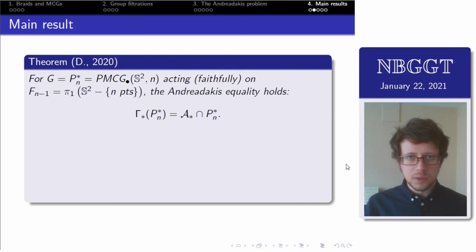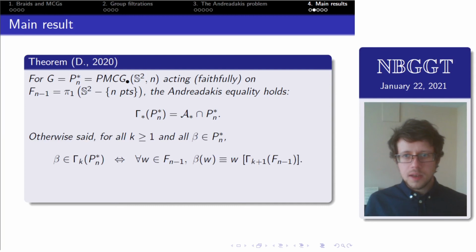For this group, this mapping class group, acting faithfully on this fundamental group, which is free on n-1 generators, the Andreadakis equality holds, which means that we can recognize its lower central series as the intersection of the Andreadakis filtration with this subgroup of IA n-1.